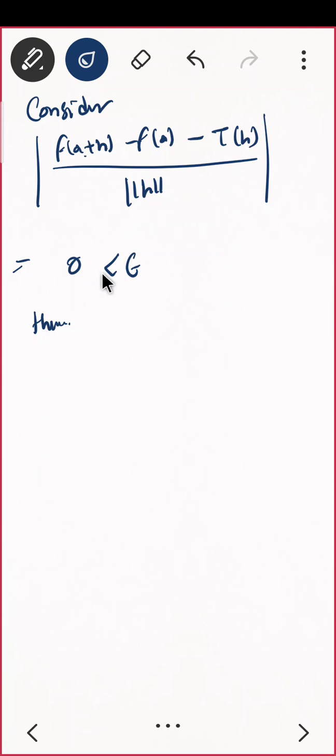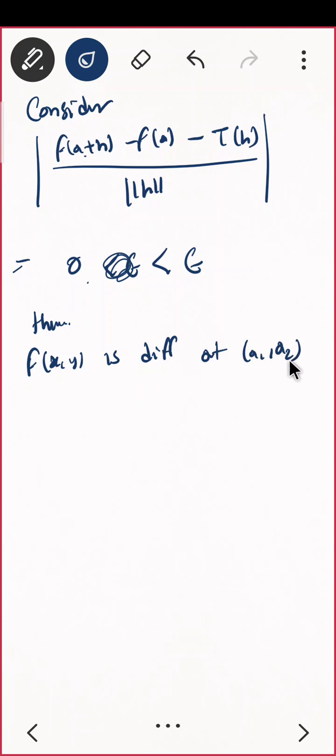This is 0 less than epsilon मत समझना. Since this is 0, that means, epsilon being positive, I can consider this whole term as less than epsilon. ऐसा. Correct? Hence, f of xy is differentiable at which point? a1, a2.